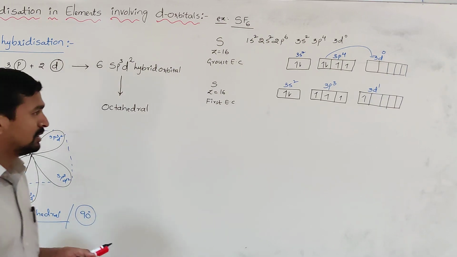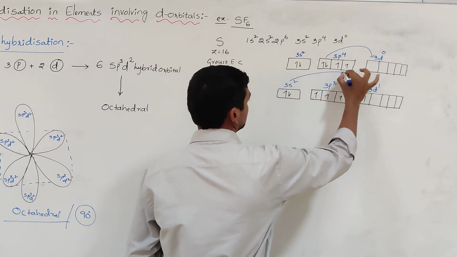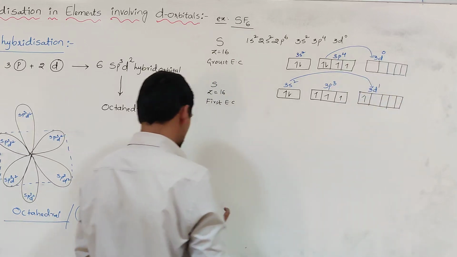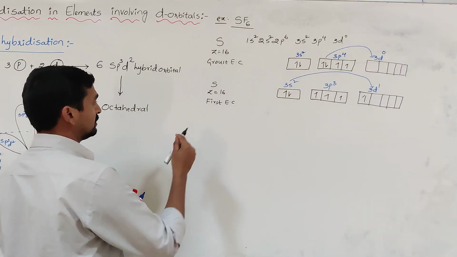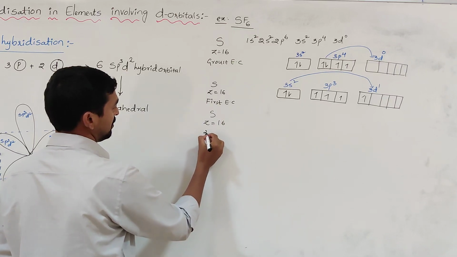So we need to promote one more electron from the 3s orbital to the 3d orbital. As a result, we get the second excited state electronic configuration.